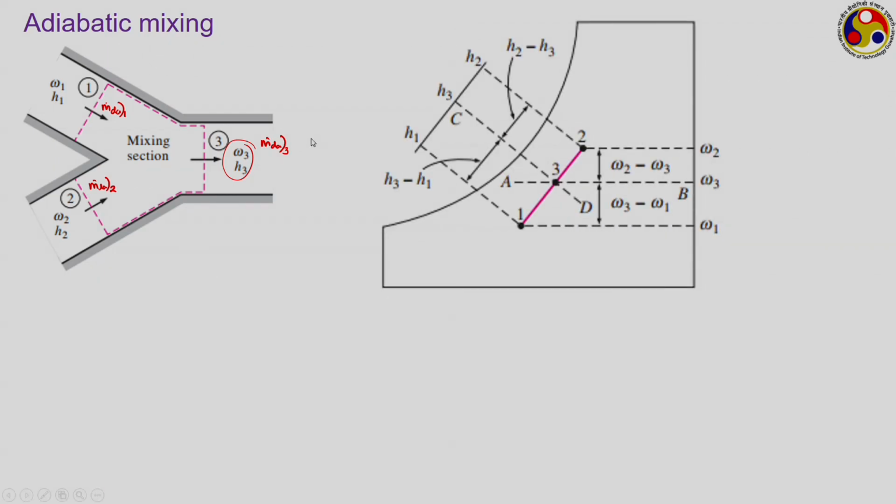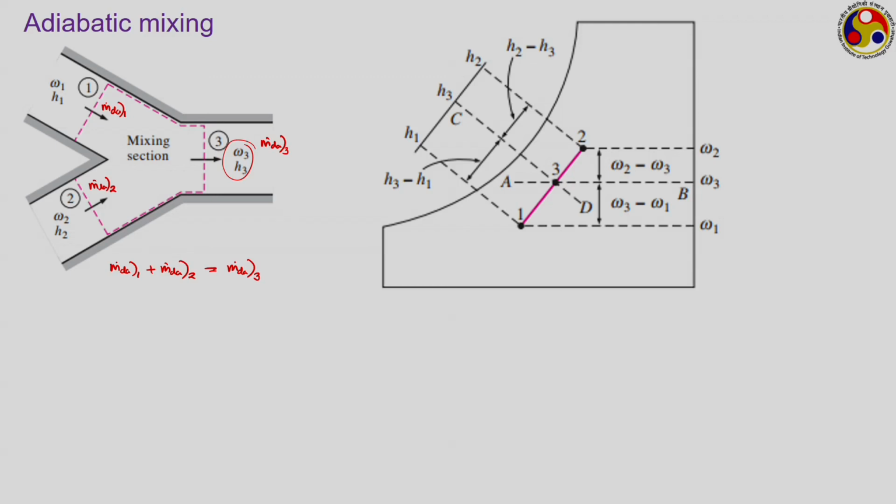This is a representation on the corresponding psychrometric chart. I am coming there, but before that let us perform the mass balance. Here the dry air quantity is changing, so we have to perform the mass balance on the dry air as well. We can easily write m dot dry air 1 plus m dot dry air 2 is equal to m dot dry air 3, the dry air component of the final mixture.